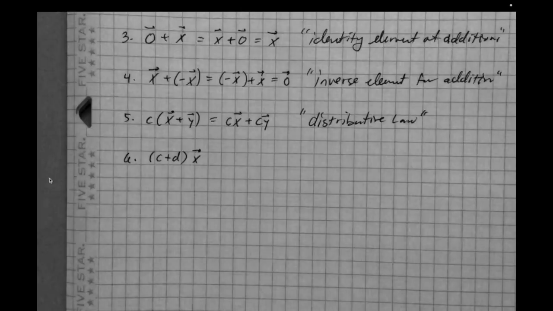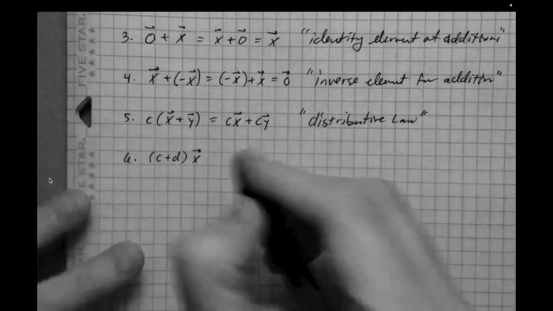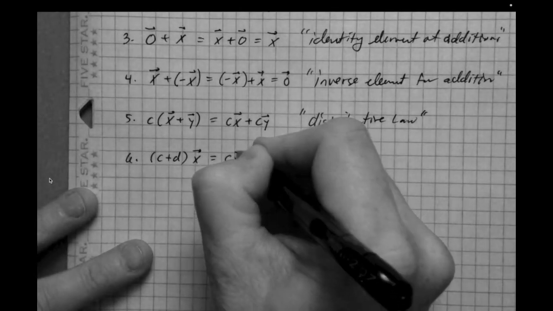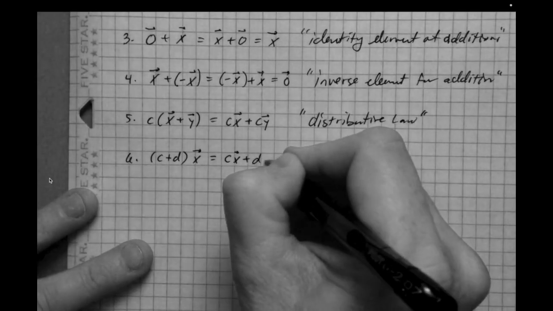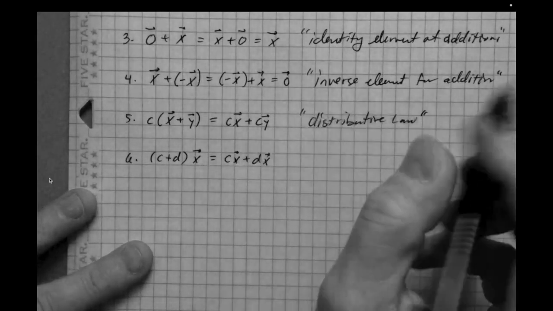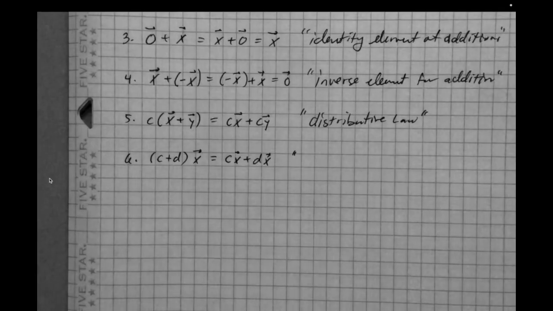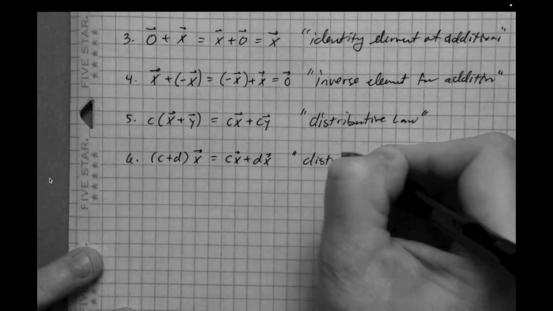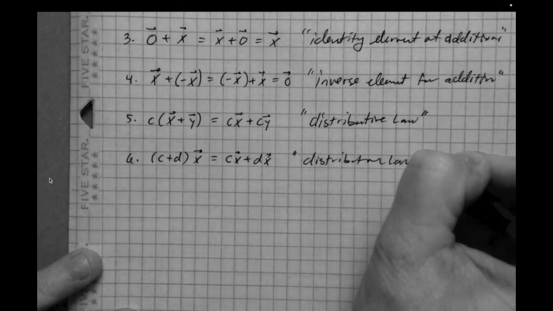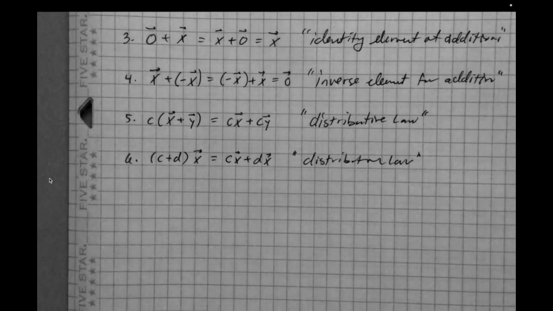But up above I had two vectors and a scalar, right? But this would be equal to c times x plus d times x. Okay, this is again the distributive law. And sometimes people refer to this as multiplication over addition.